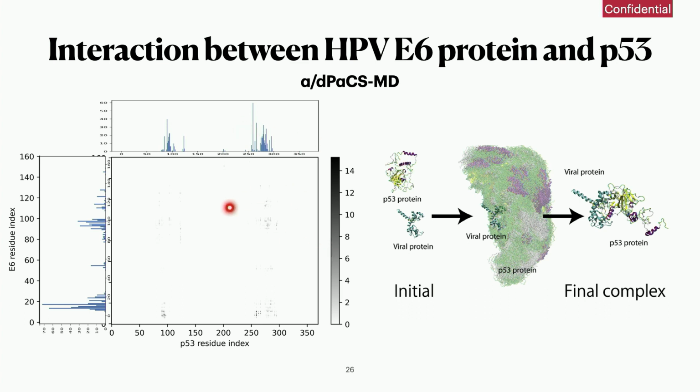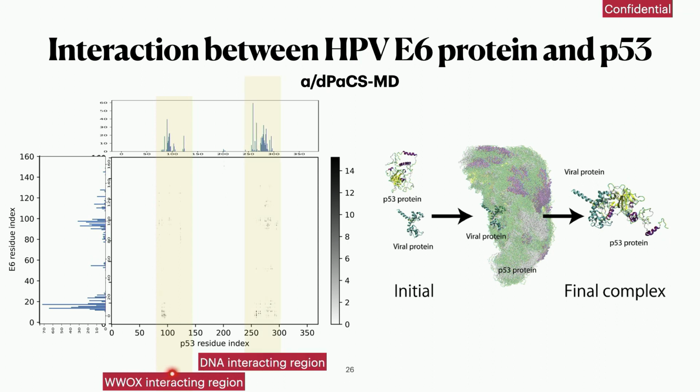Here is an interaction map. Here is the P53 residue index, and here is the E6 residue index. You can see that the highest populated region of the contact map is in this region, which is the WWOX interaction region on the P53. And this region is actually the DNA interacting region on the P53.